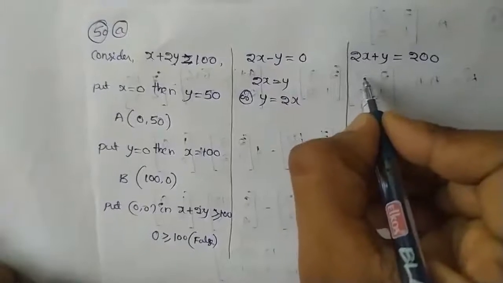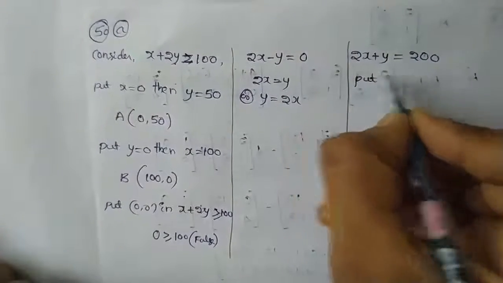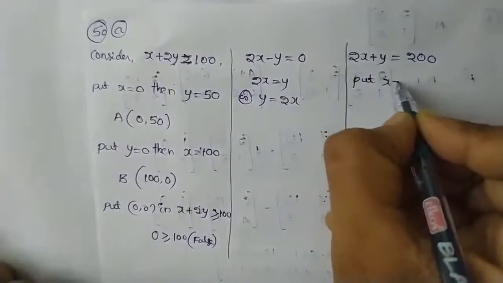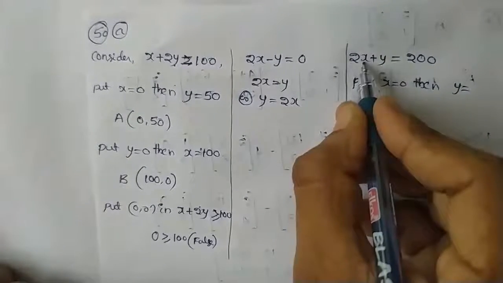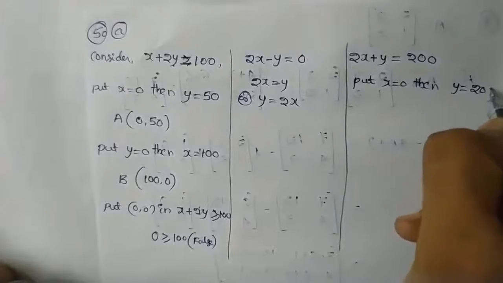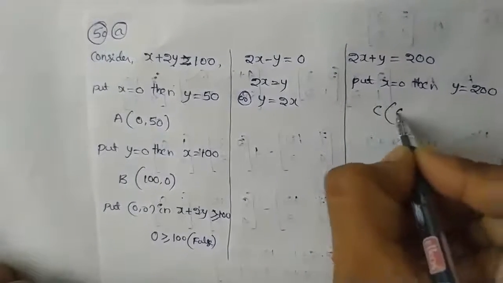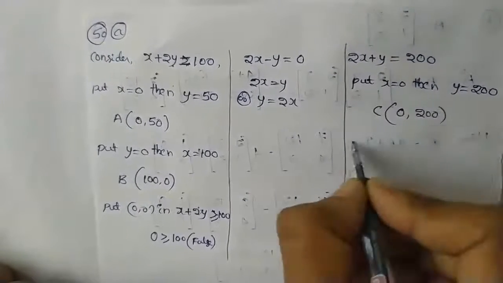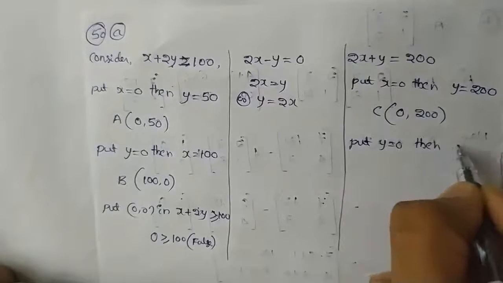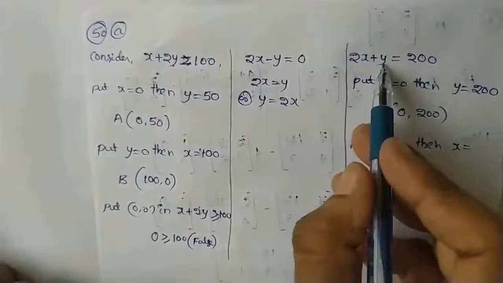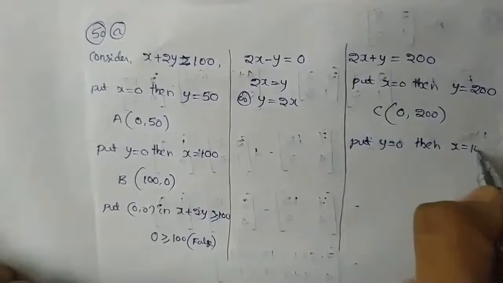Next, let us find out C and D. Put x equals to 0, then y equals to 200. Then it is C (0, 200). Put y equals to 0, then x equals to 100.